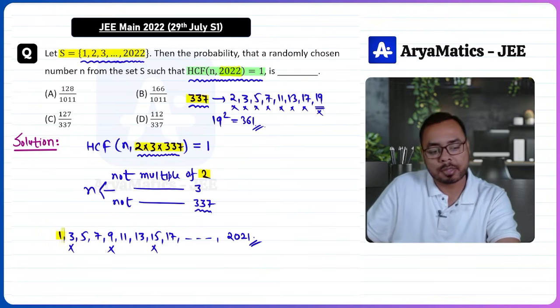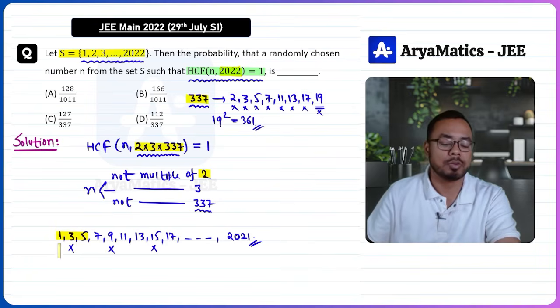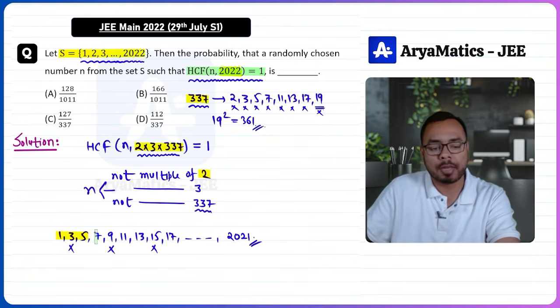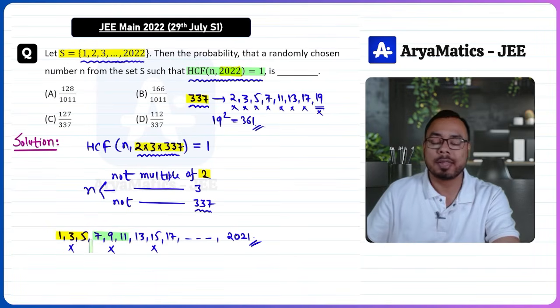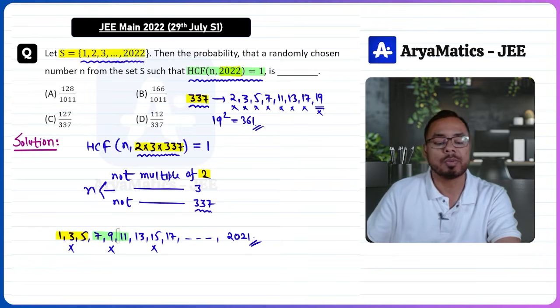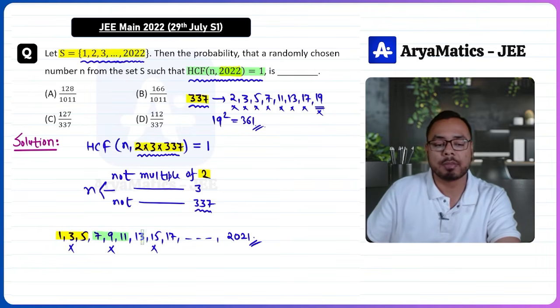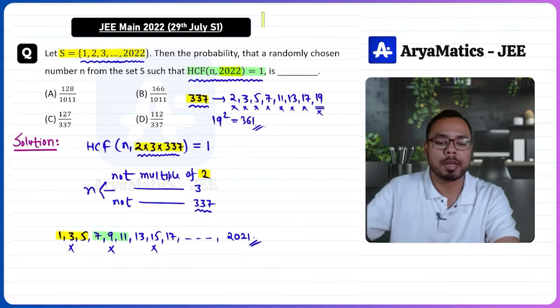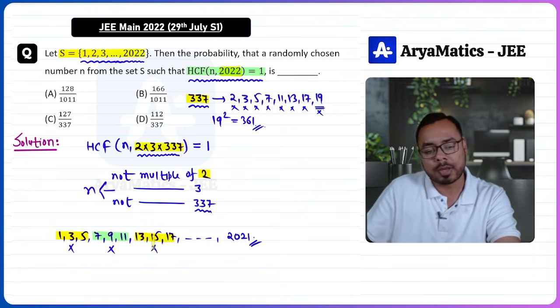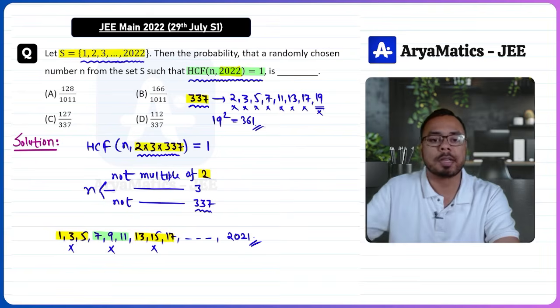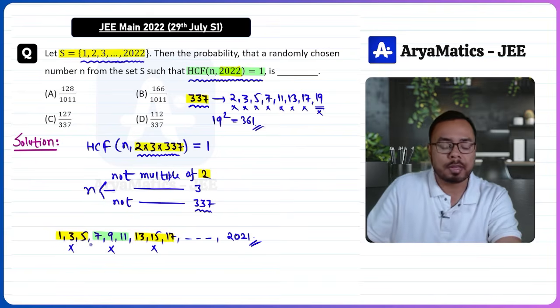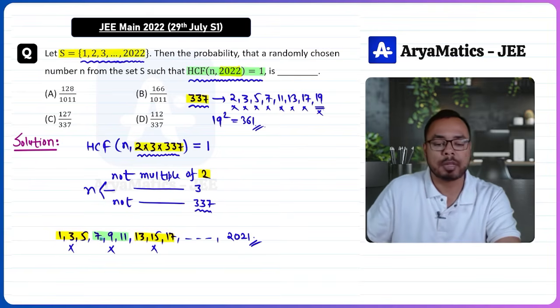If you notice, these are 3 terms, and out of those 3, one is a multiple of 3 and the other 2 are not. Similarly for the next triplet, 7, 9, 11. There are multiple ways of solving this. You can use the AP formula, since the multiples of 3, that is 3, 9, 15 and so on, form one AP. But this technique is much easier. Out of every 3 numbers, we get one multiple of 3.